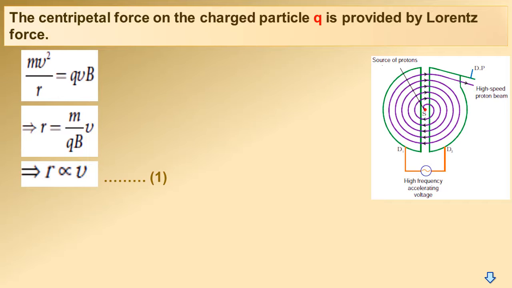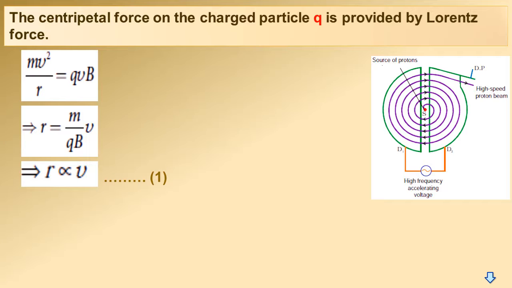Remember students, from equation 1 we infer that an increase in velocity increases the radius of the circular path. So the radius of the circular path keeps increasing from time to time.